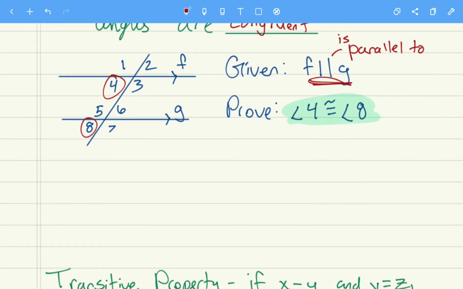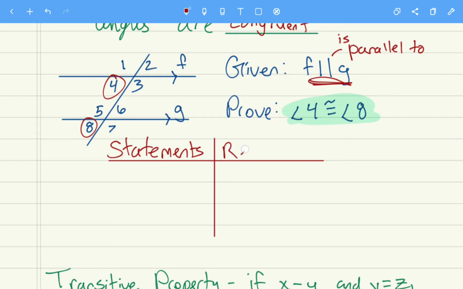So to start our proofs, we want to set up a little table here, a two-column table. On the left-hand side, we are going to be writing our statements, and the right-hand side will be our reasons.